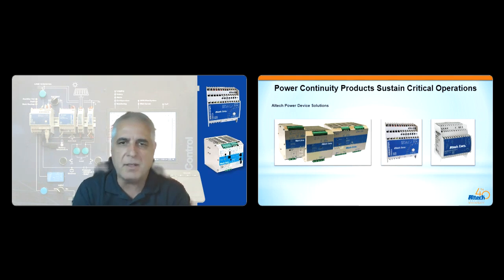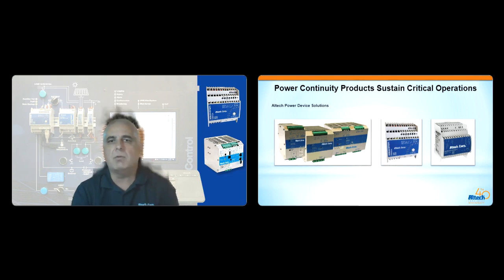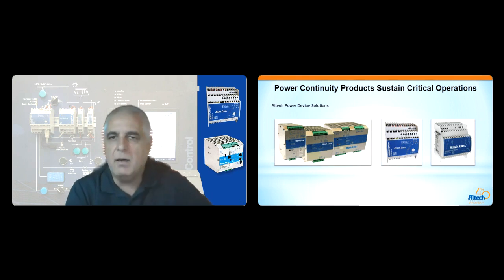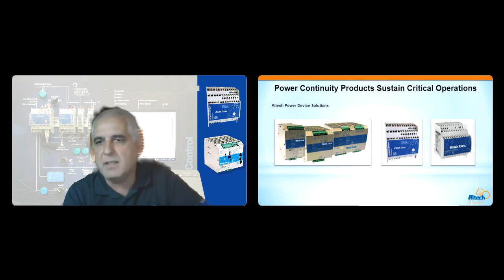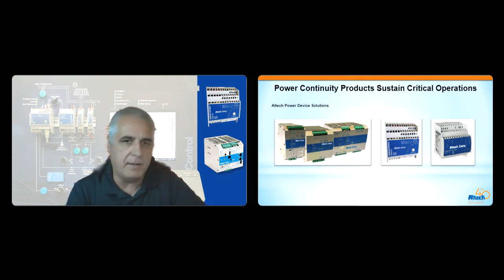Power continuity products are also often used in combination to provide complete power solutions capable of providing an uninterruptible electric power supply to critical equipment, electrical systems, facilities, industries, and applications with crucial continuous power demand.